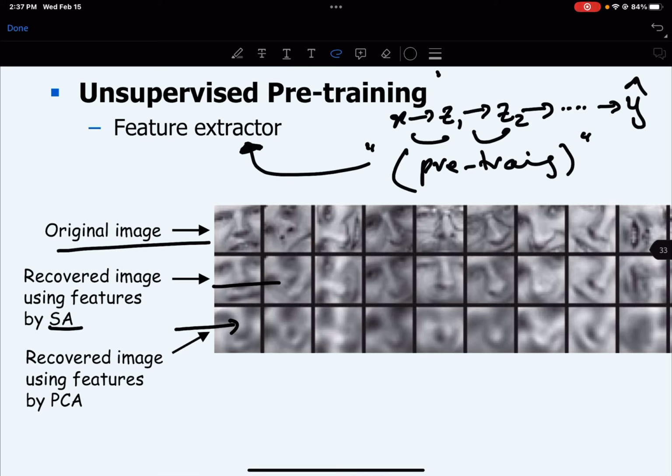So we obtained that the results of the stacked autoencoder are much better than your principal component analysis. Why?